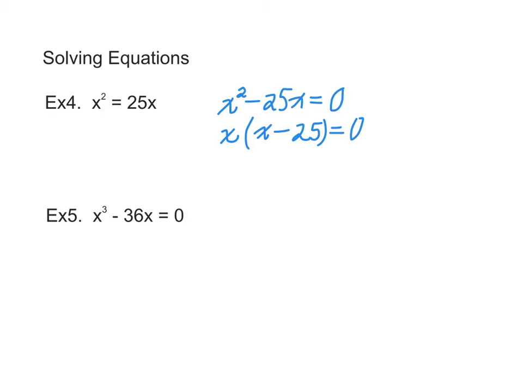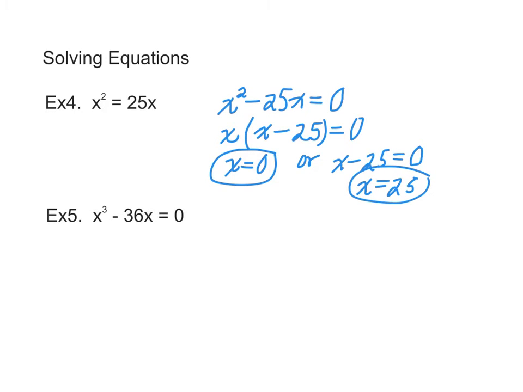The zero product property says that one of these 2 factors has to be 0, either the x or the x minus 25. By adding 25 to both sides, we get the answers x equals 0 and x equals positive 25.